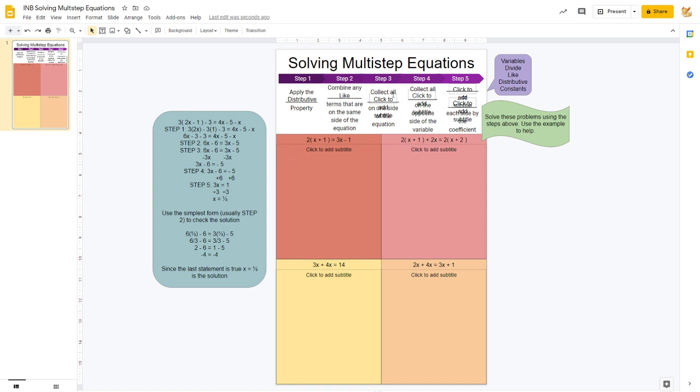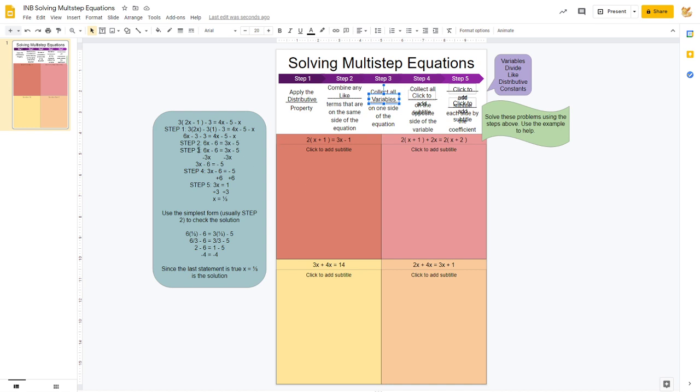Our next step is to collect all the variables first on one side. You always want to do variables first because we want to deal with positive numbers. And the best way to deal with positive numbers is to make sure the number in front of your variable is a positive number.